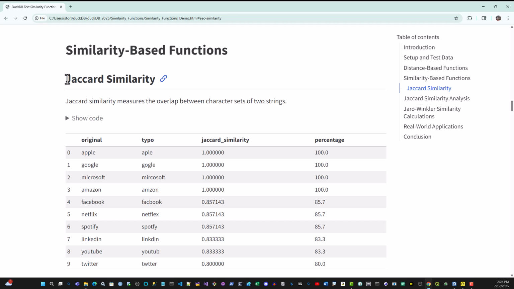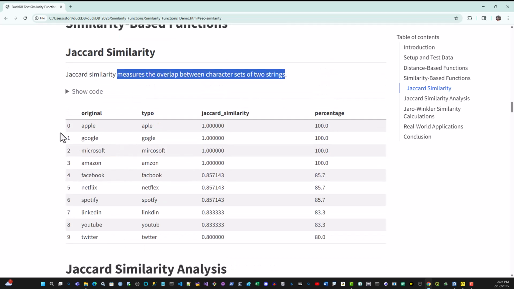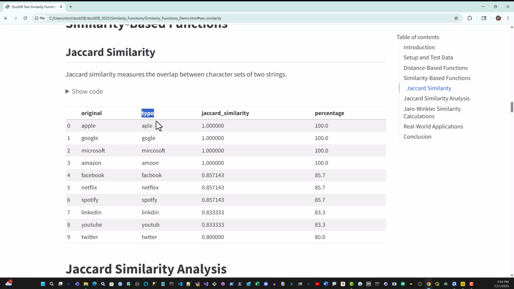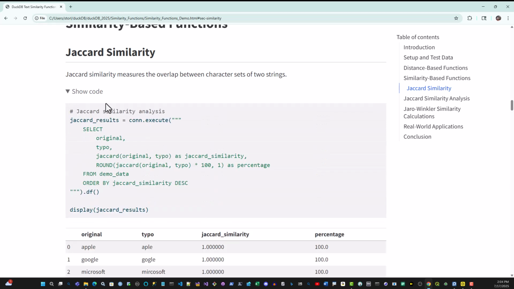So one of these functions is the Jaccard similarity function. And notice what it does: it measures the overlap between character sets of two strings. I have some data here below from the words table we created. Here you can see my code.